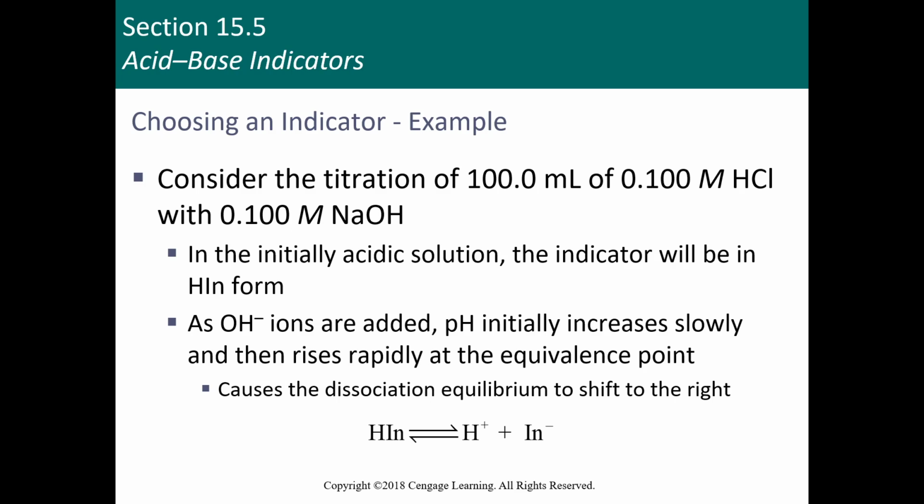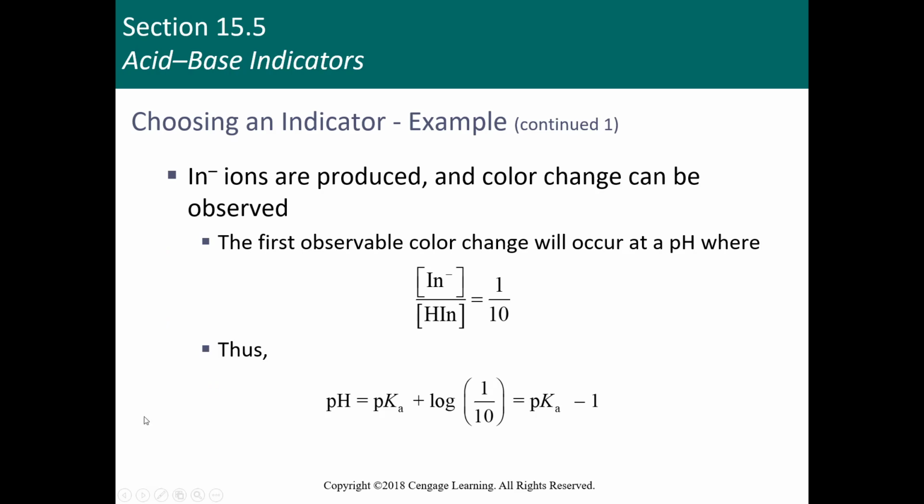This causes this dissociation equilibrium to shift to the right because, again, you are rapidly adding OH- ions. Actually, I'm backwards here. This should be shifting in this direction since we're adding OH- ions. This should be shifting to the right because we're using up the H+, okay? And we're producing the base here.